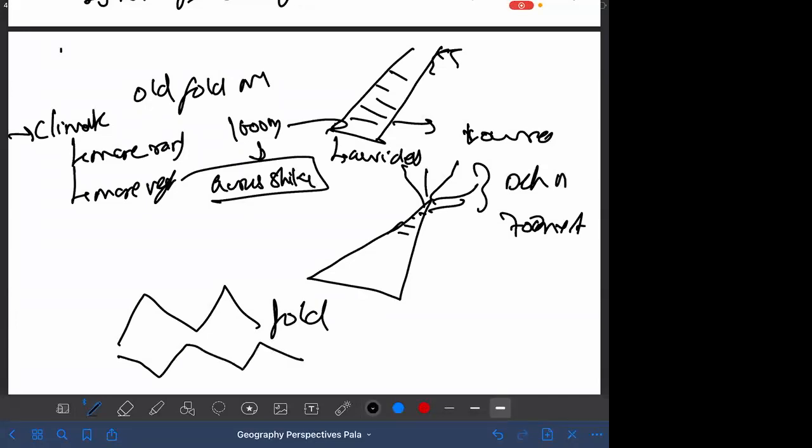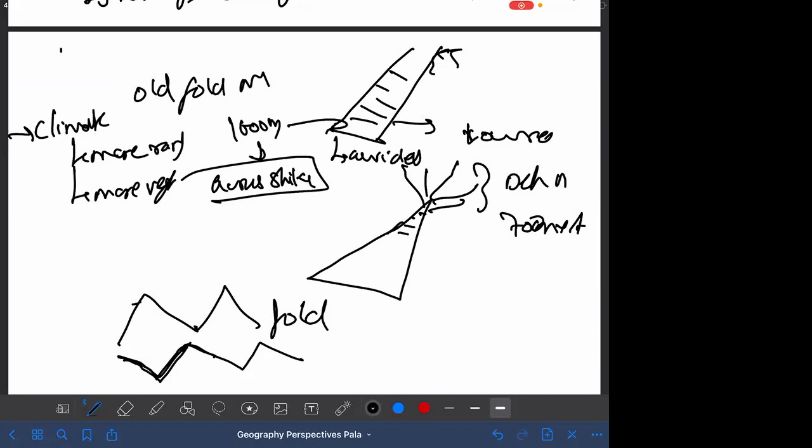As the erosion proceeds, erosion would be higher in this part, and the anticlines would be reversed. So depression would be found here, and since erosion is very low here, higher altitude would be found here. So this is the second stage of erosion.